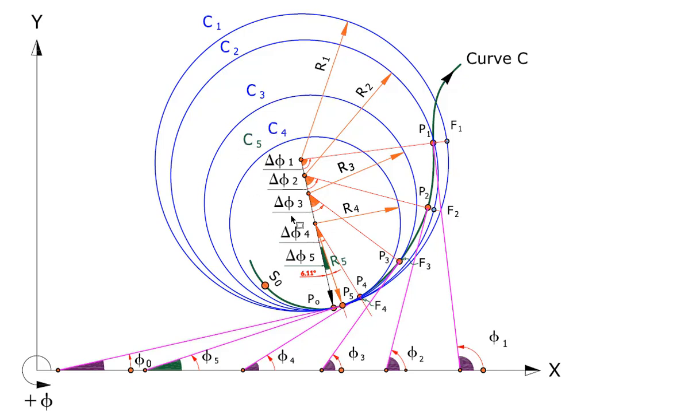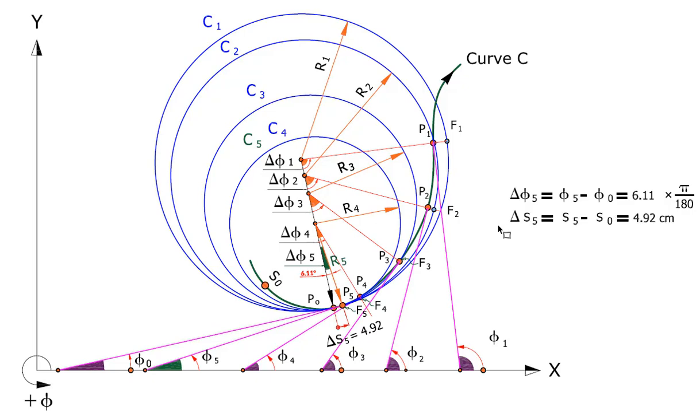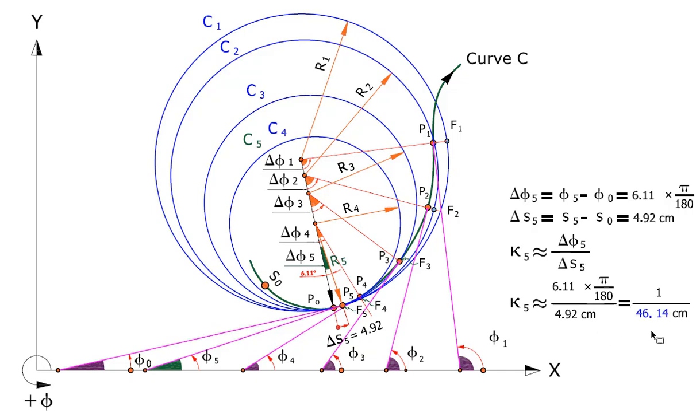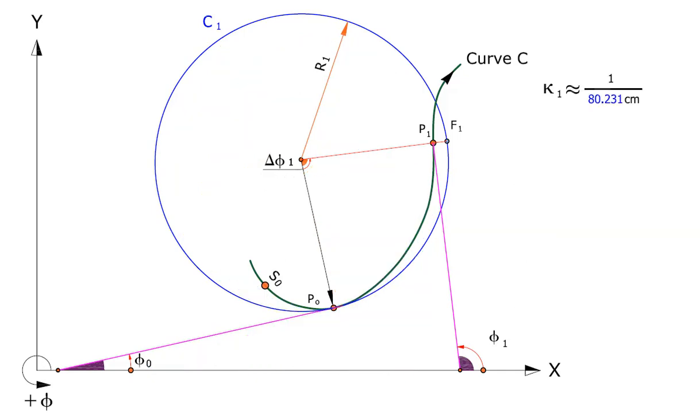And this is the circle C5 with radius R5. And now we can see points P5 and F5 are getting even closer. Now the corresponding arc length to the central angle is delta S5. We divide them over each other, and we get the curvature to be 1/46.